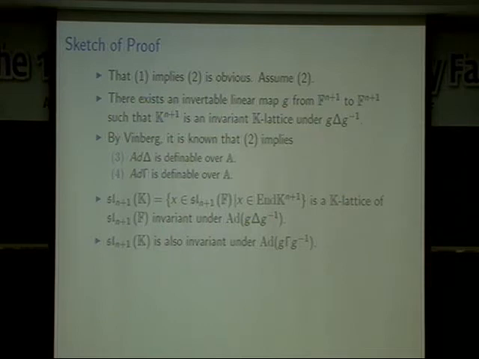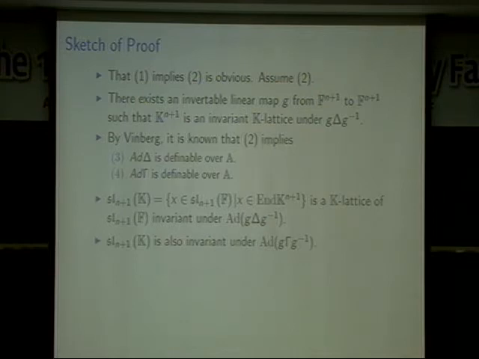And we can see that this sl(n+1, K) Lie algebra is a K-lattice of sl(n+1, F) invariant under this Ad G delta G inverse. And by Wimber, this sl(n+1, K) is also invariant under Ad G gamma G inverse.